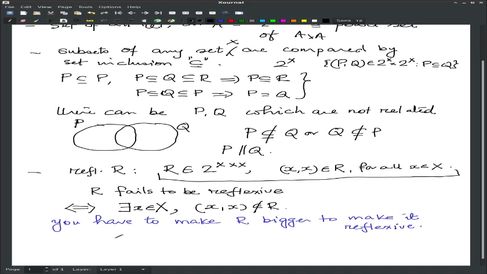So if you add the whole of the diagonal, now adding means nothing else but taking union, right? So if you do this, then this new relation R prime, say, or which I denoted as R with the bar, is obviously reflexive.